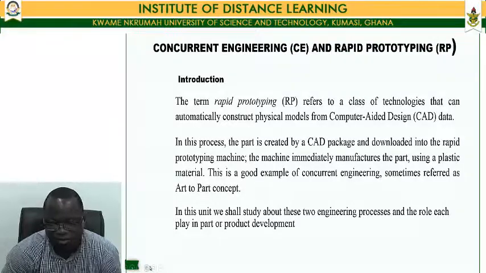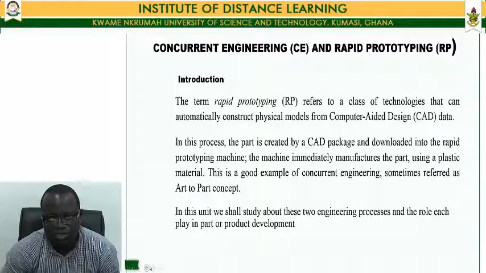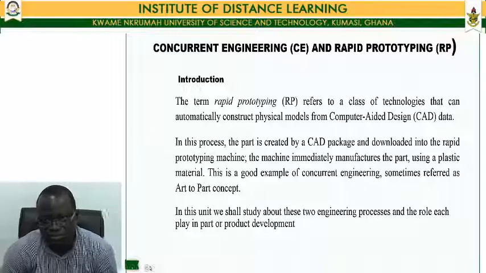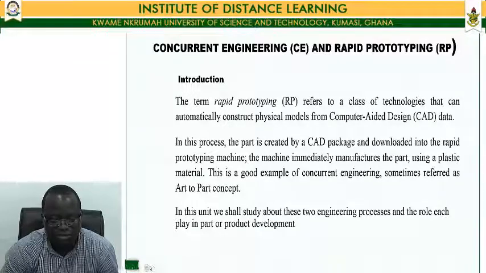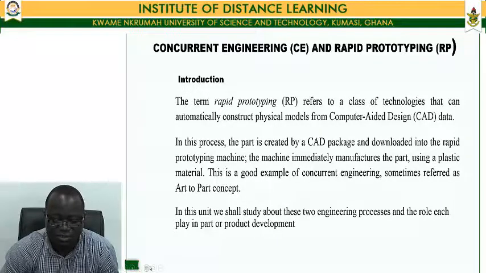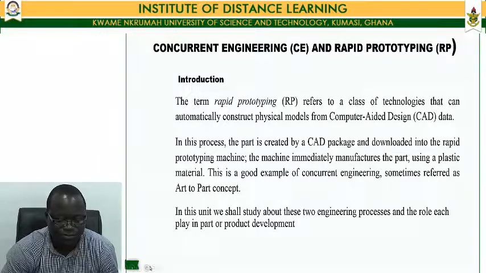Now, when it comes to rapid prototyping, it actually refers to a class of technologies that can automatically construct physical models from the CAD data. What happens in the process is that the part is created by a CAD package and downloaded into the rapid prototyping machine. Then the machine immediately manufactures the part using a plastic material.